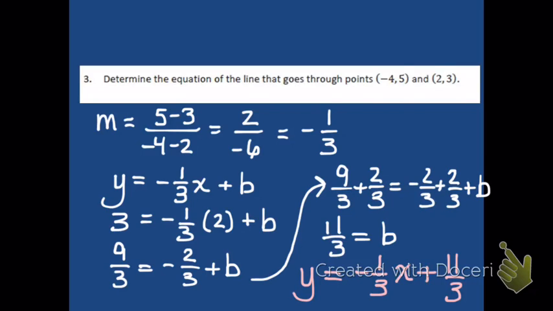Now, if I wasn't sure about my result and I wanted to check it, here's a really good way to check it. I'm going to take this equation, y equals negative 1/3 x plus 11/3. Let me get some room.